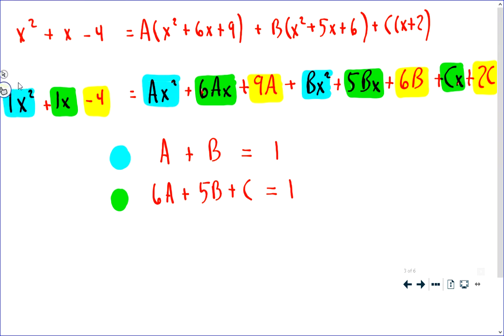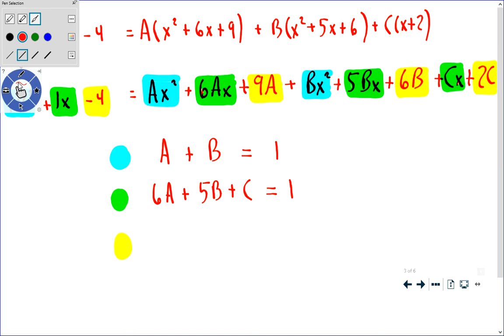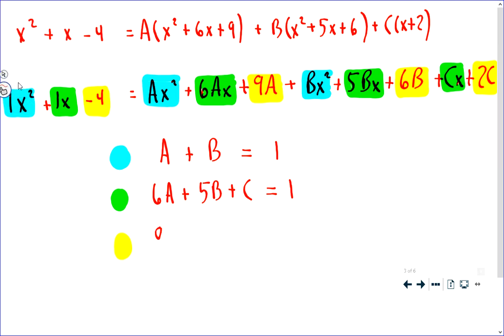When we take a look at the constant terms and what they tell us, on the right-hand side, we have 9a as a constant. We also have 6b as a constant, and we also have 2c as a constant.